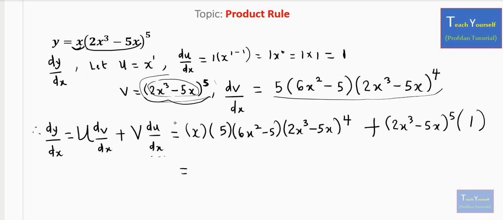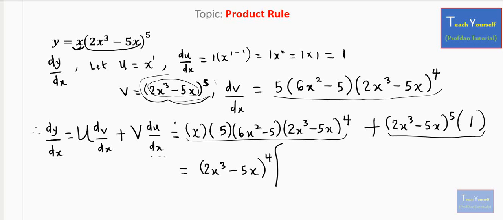You can just simplify between these two terms, what we have here and what we have here. Something is very common, and that is what we have in the bracket, 2x^3 minus 5x. Here is power 4, here is power 5, so we can take power 4 out, and we'll be left with, for the first term, x times 5, that's 5x, into the whole of this, 6x^2 minus 5.